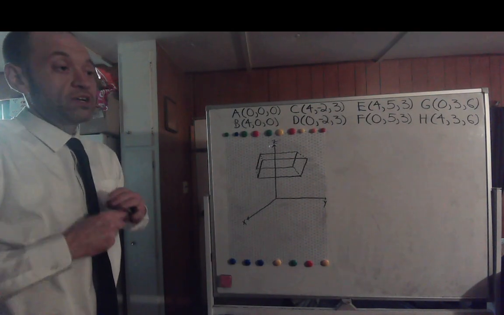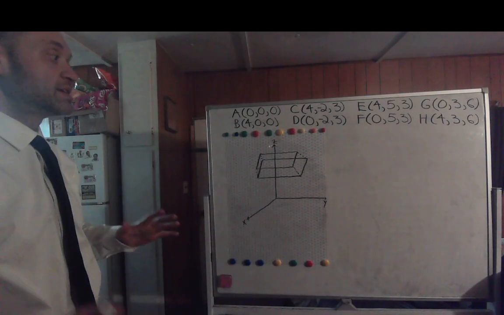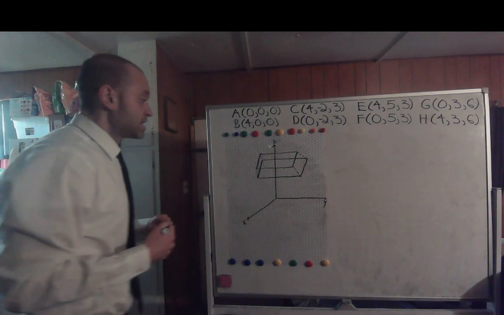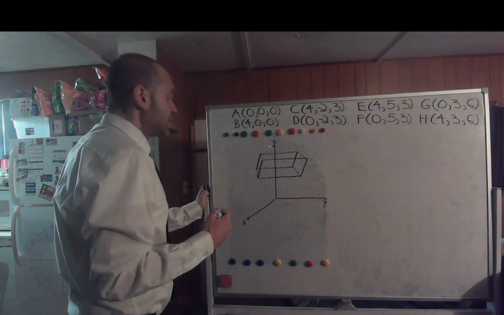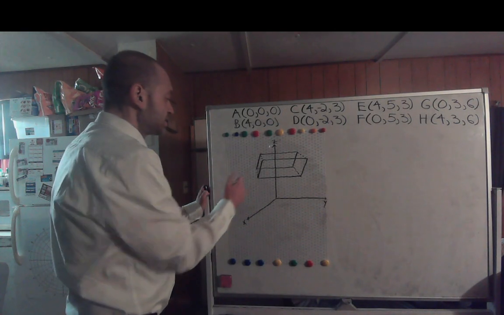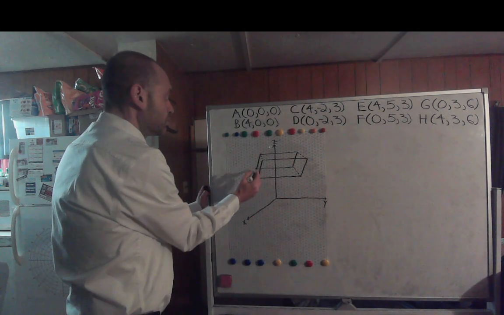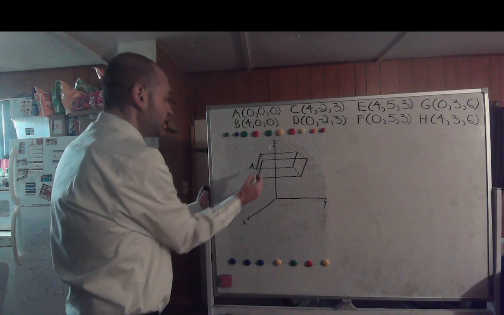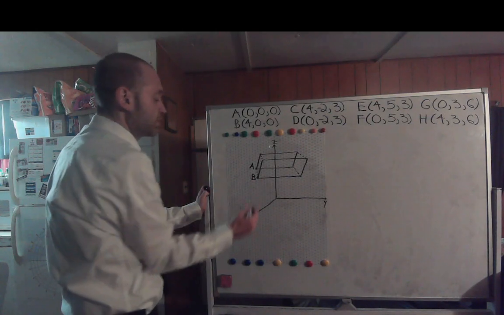Well, we're definitely going to have to find the vectors. So first thing I'm going to recommend is let's start plotting points. We'll call this here 0, 0, 0, which would be A. I'll call this right here B, which would be 4, 0, 0.